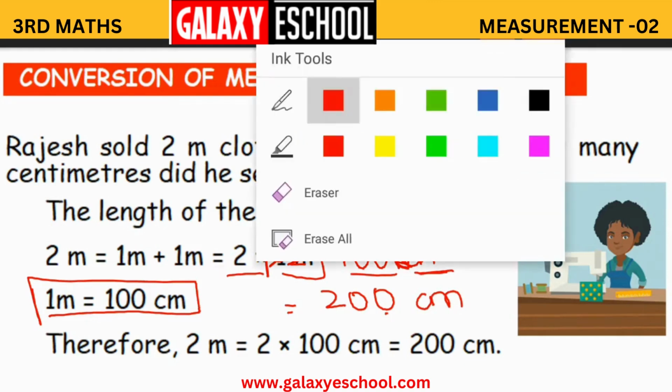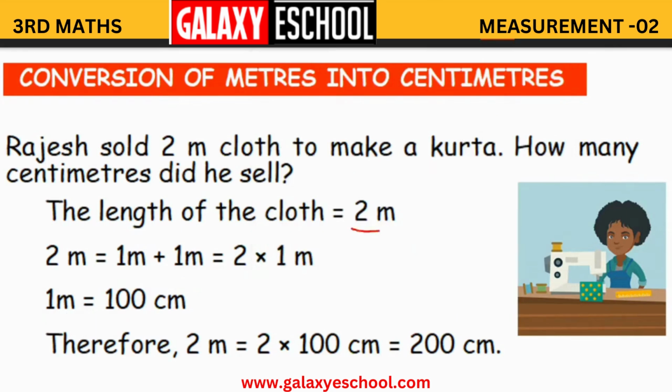Clear, children? What did we do again? Let us revise. We have the length of the cloth as 2 meters. 2 meters can be written as 2 into 1 meter. Now we know that 1 meter is equal to 100 centimeters.